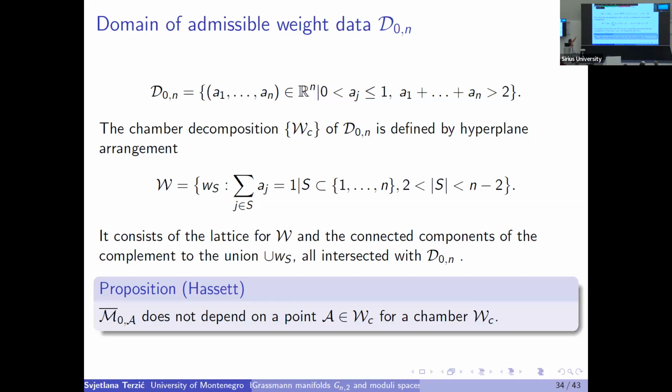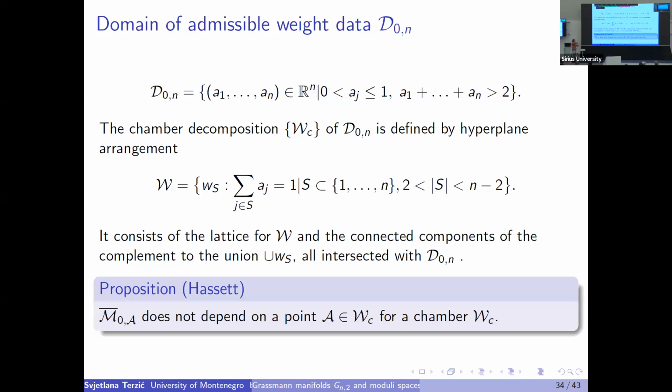And then he considered the decomposition of this domain, the chamber decomposition of the domain D_0,n by these hyperplanes. These are similar to the hyperplanes which we used to describe our hyperplane arrangement to define admissible polytopes. He considered the chamber decomposition of delta 0,n using the hyperplane arrangement, and he proved that when we take one chamber from this decomposition, the moduli space does not depend on the chamber.